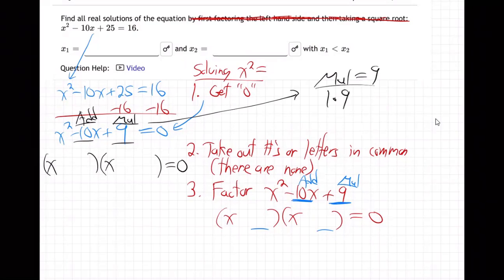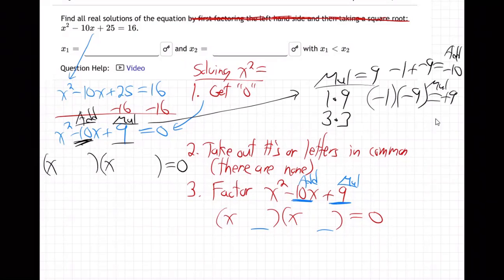Well, you can go 1 times 9 or 3 times 3. How can those add to be negative 10? Oh, we need negative 1 and negative 9 because they'll multiply to be positive 9 and add to be negative 10.